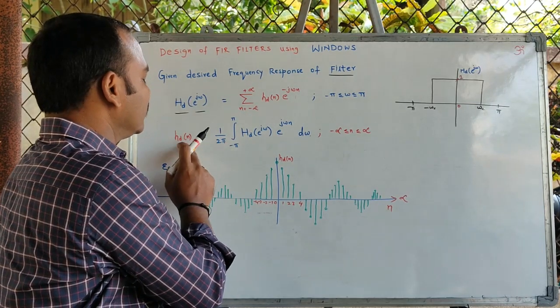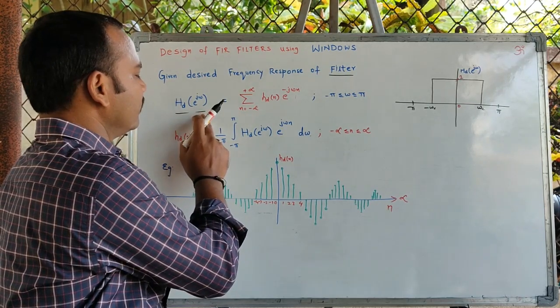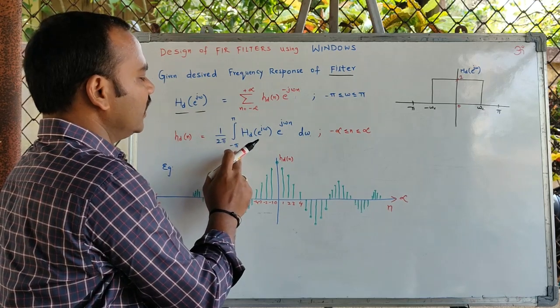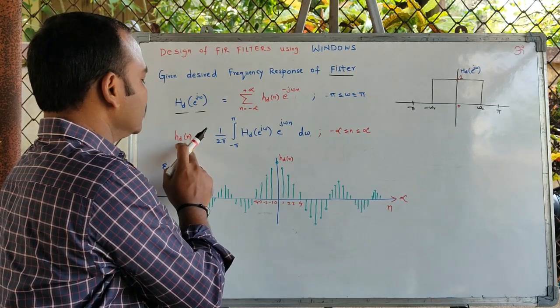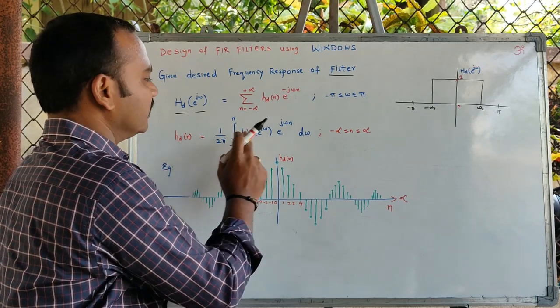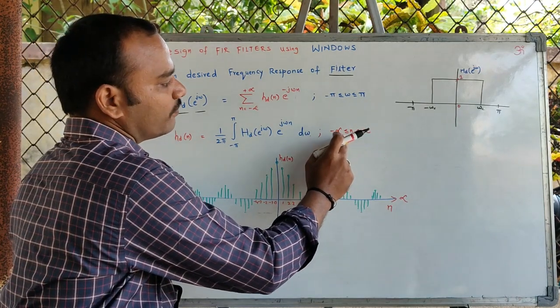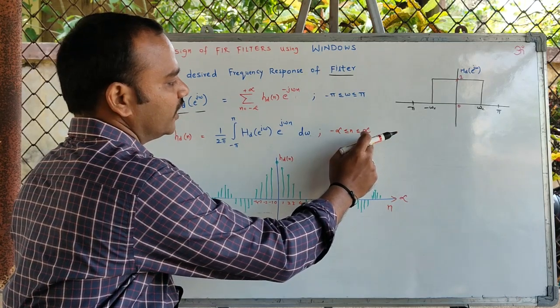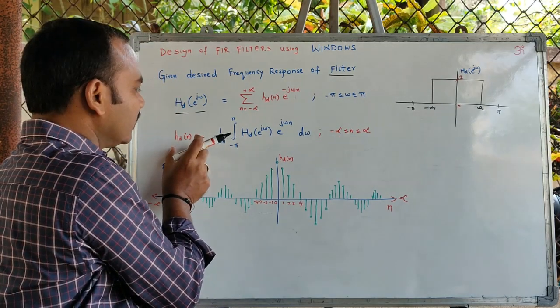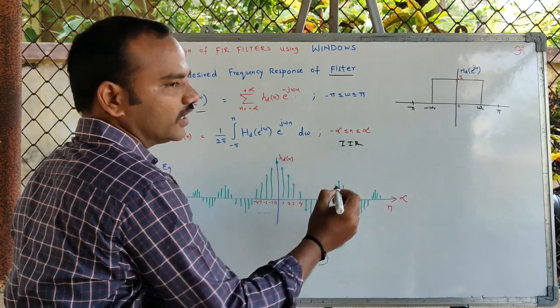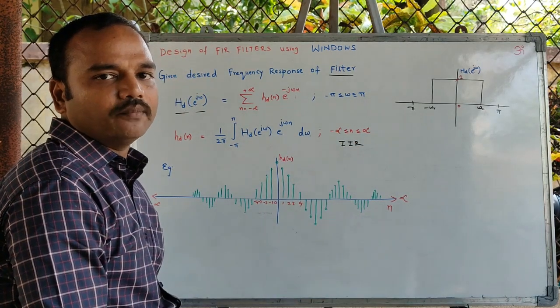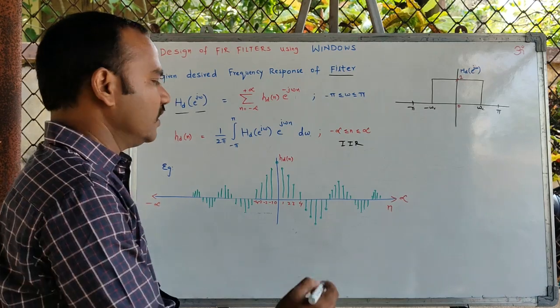We can get the filter coefficients from the desired frequency response by using the inverse discrete time Fourier transform. Here the time index n is from minus infinity to plus infinity. So this filter is an IIR filter, that is, an infinite impulse response filter.